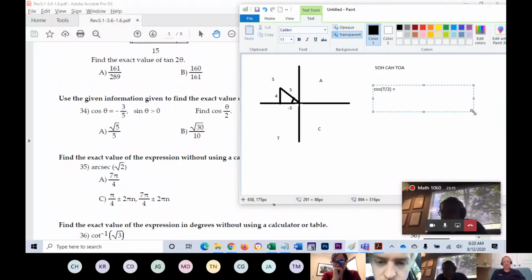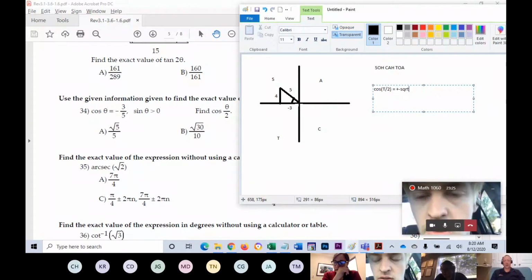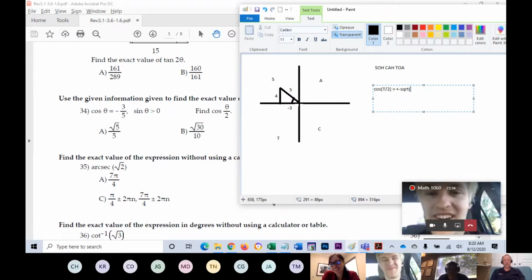I haven't reviewed it. Uh-oh, that's something we need to review. Who remembers? Plus or minus the square root of cosine, or oh shoot. Oh man. You need to know this for tomorrow.